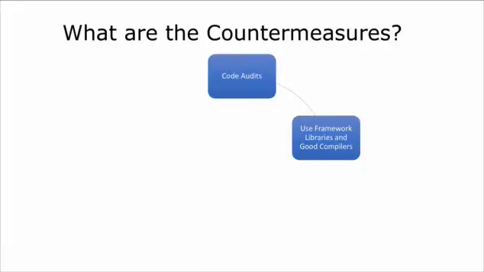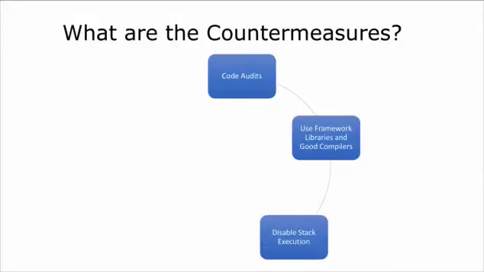Buffer overflows have been around for a very, very long time, and the good frameworks like .NET, Java, etc., and the compilers, things like Visual Studio, the C++ compiler, the C# compiler, the Java compilers out there, have built protection into them for buffer overflows to ensure that the code you're writing does not actually have a buffer overflow vulnerability. So it's always a good idea to use a mainstream language with a good compiler and a good framework library.